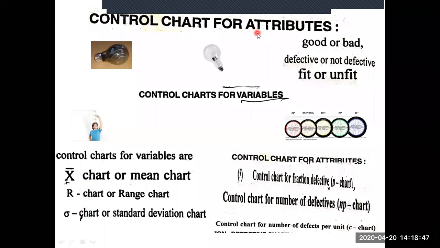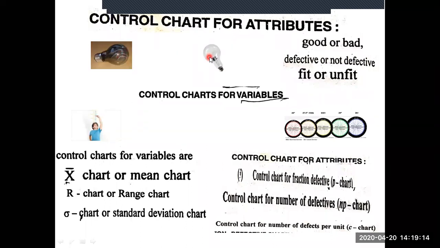Now we are going to discuss the control chart for attributes. Suppose a bulb production company, Philips, is producing many bulbs. I test one bulb and it is lighting. I test one more bulb, but it fails and doesn't light at all, so that bulb is defective.